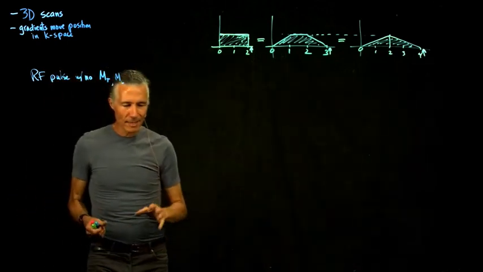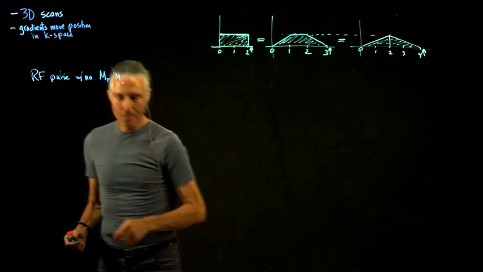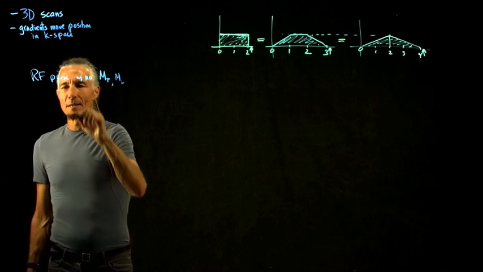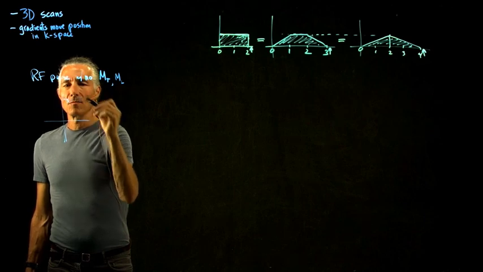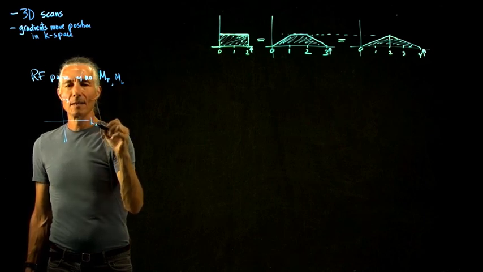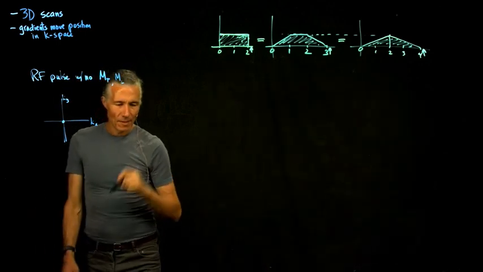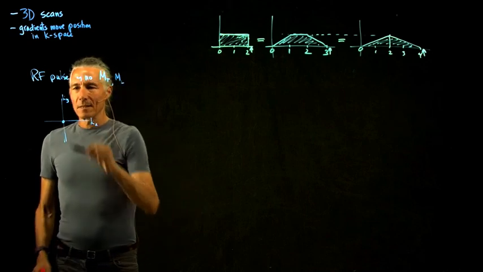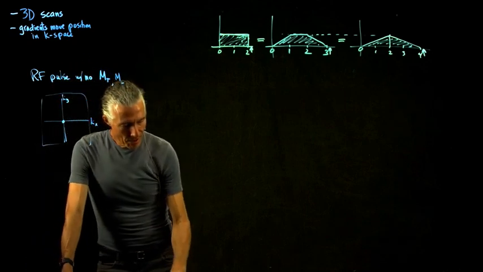Then the effect of the RF pulse is to just put you in the center of K-space. So if here's K-space, this is KY, KX, that just goes to the center. So that's the first picture.